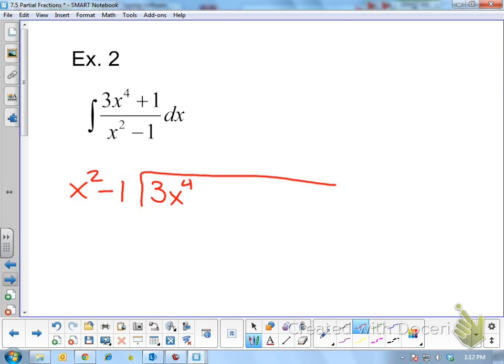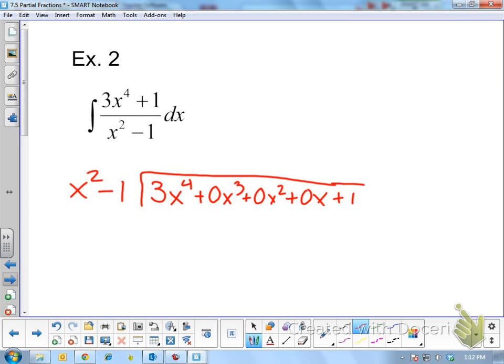So one thing we had to remember when we were dividing polynomials is we needed placeholders for everything. We need a 0x cubed, a 0x squared, 0x, and then plus 1. Some may or may not be needed, but you have to put them there so that if they are needed, you can use them.